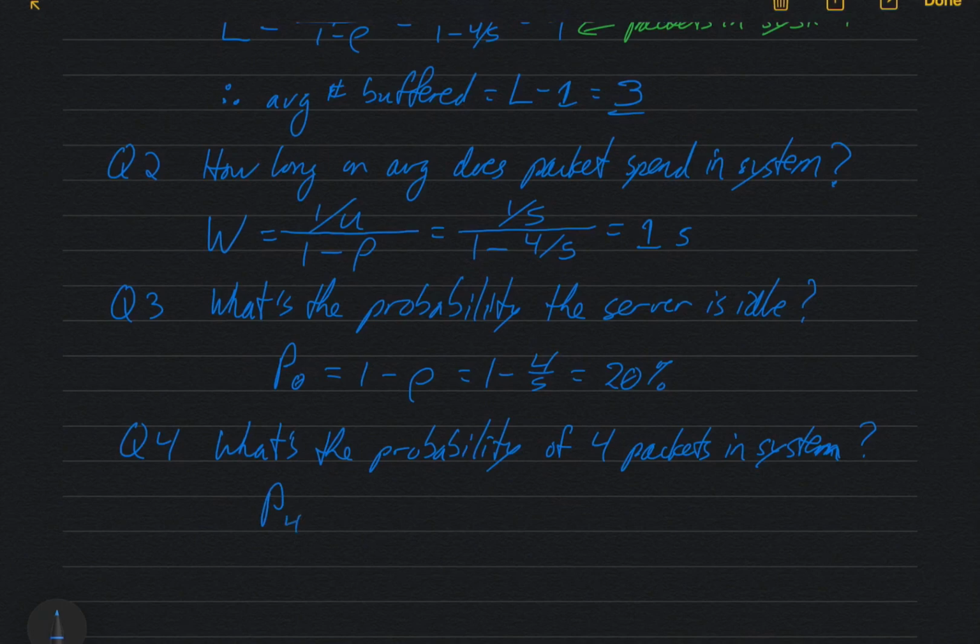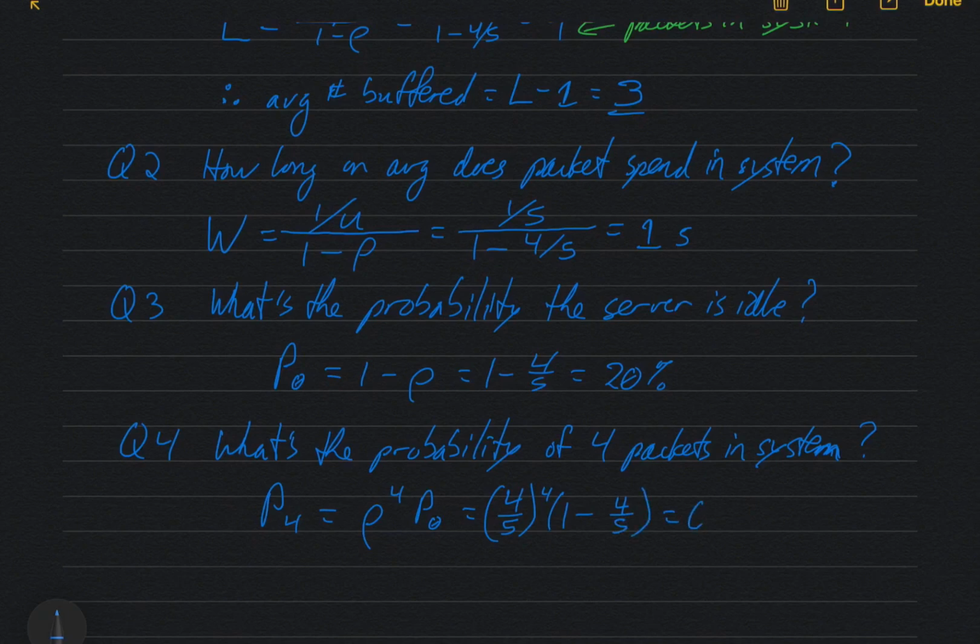So probability of having 4 is rho to the power 4 times the probability of 0, and so that's equal to 4/5 to the power of 4 times, remember P0 is 1 minus rho, or 4/5.